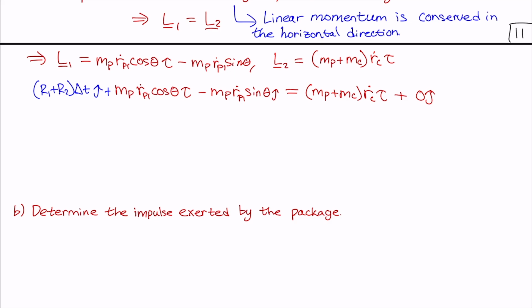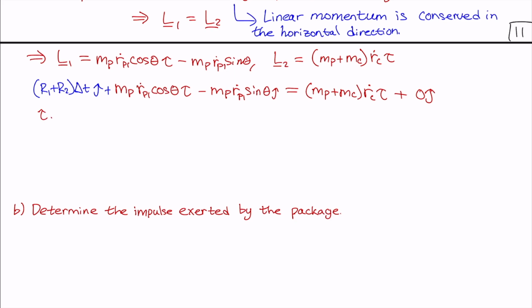So let's do that. We're going to get here in our I direction, m_P r_P1 dot, I left out the cosine theta, cosine theta, equal to (m_P plus m_C) r_C dot. And then from here, we can directly solve, and this should be r_C2 dot, I left that out.